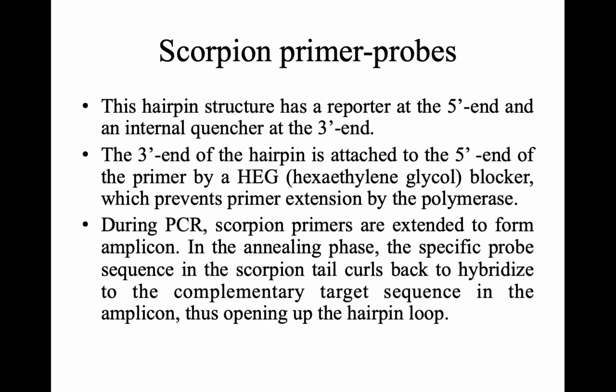Some of the sequence in the scorpion primer probe is complementary to the sequence of the target DNA, so in the annealing phase this complementary sequence hybridizes with the target sequence, thus opening the hairpin structure of the primer probe.